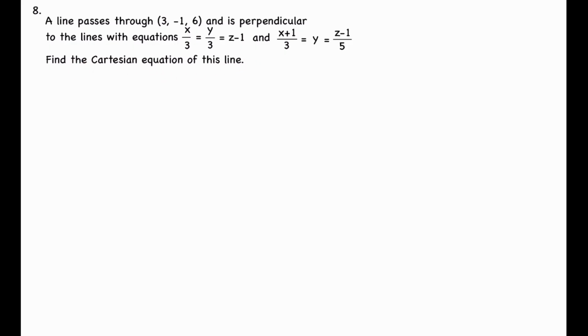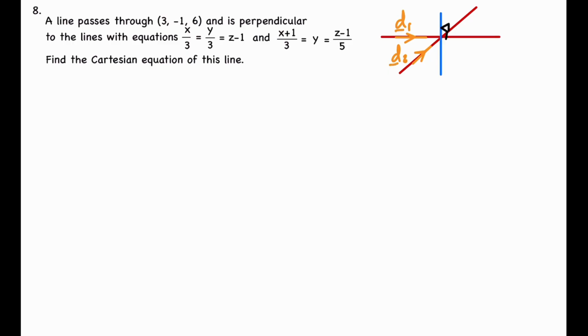So all we have to do, because we have two lines that cross each other like this, and we're trying to find another line which is perpendicular like this, because we have lines instead of vectors, we can just use the direction vectors of the lines, this direction vector and this direction vector, which we can call d1 and d2.